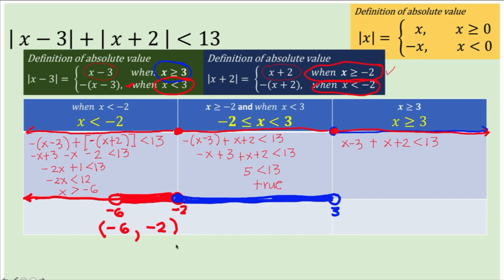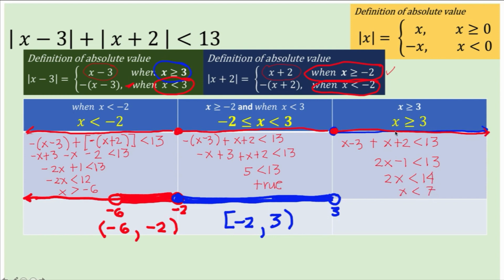And our interval here is from -2, and -2 is included, so we have closed interval, up to +3, open interval.